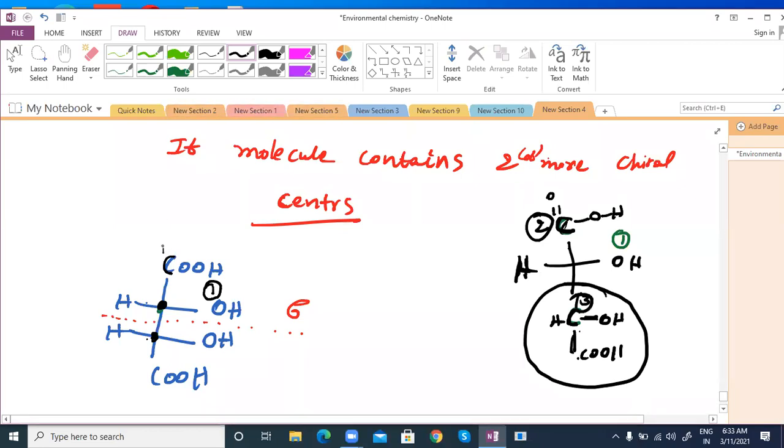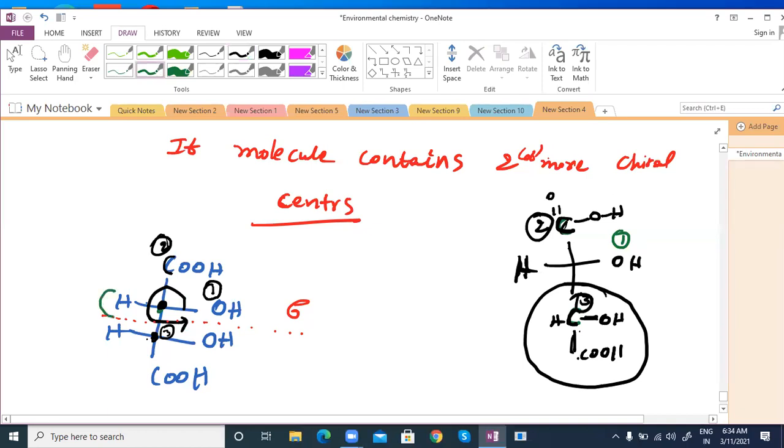Now we can say 1, 2, this is third priority, sir. Then you can move clockwise or anti-clockwise. The fourth one you can neglect, sir, when you are writing RS nomenclature. Is this clockwise or anti-clockwise? I think anti-clockwise. Anti-clockwise generally we expect to be R, but the least priority is present on the horizontal line.